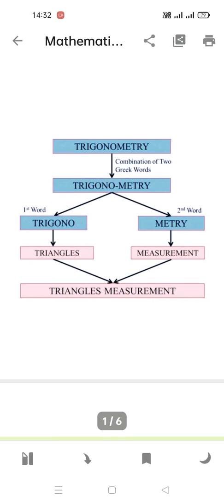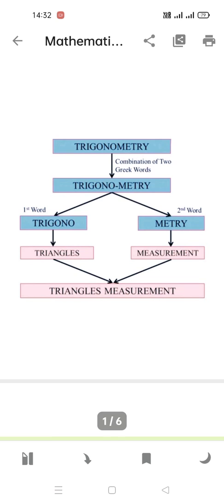Trigono means triangles, and metry means measurement. So the measurement of triangles is known as trigonometry. The pronunciation should be trigonometry.